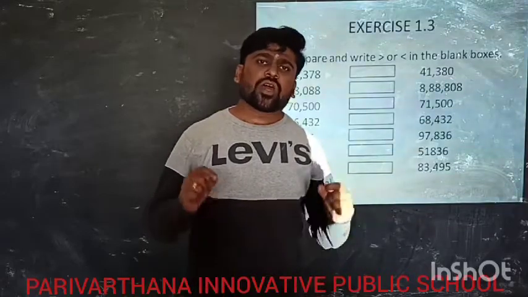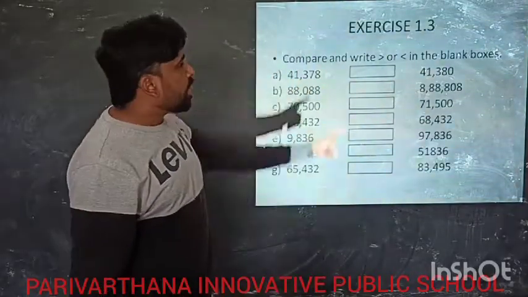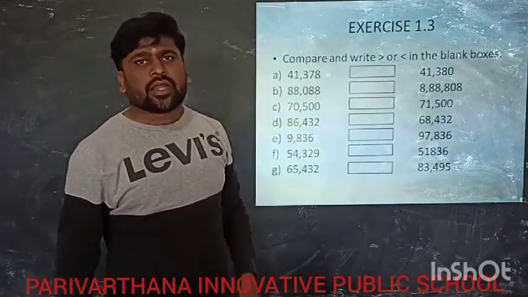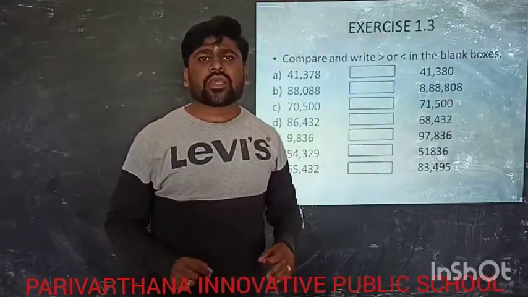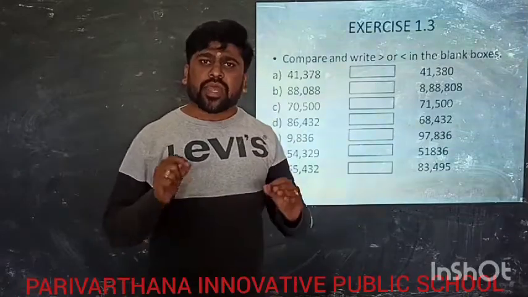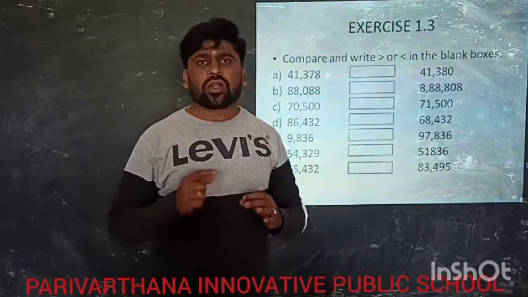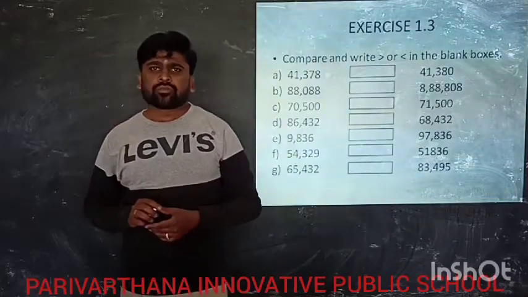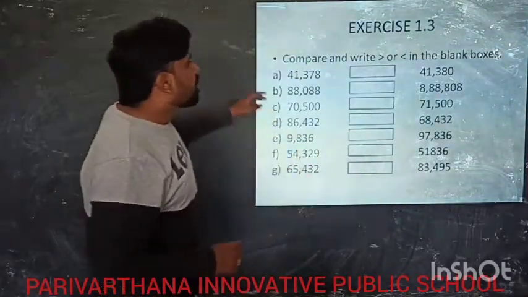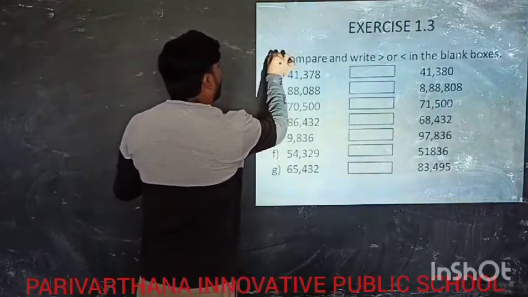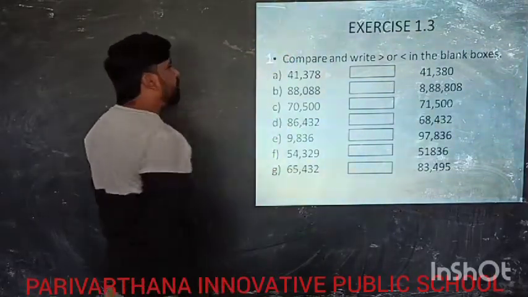Today in this class we are going to discuss exercise 1.3. Clear? Exercise 1.3 is completely based on comparing numbers, ascending order and descending order. Okay? Now, exercise 1.3, first main.